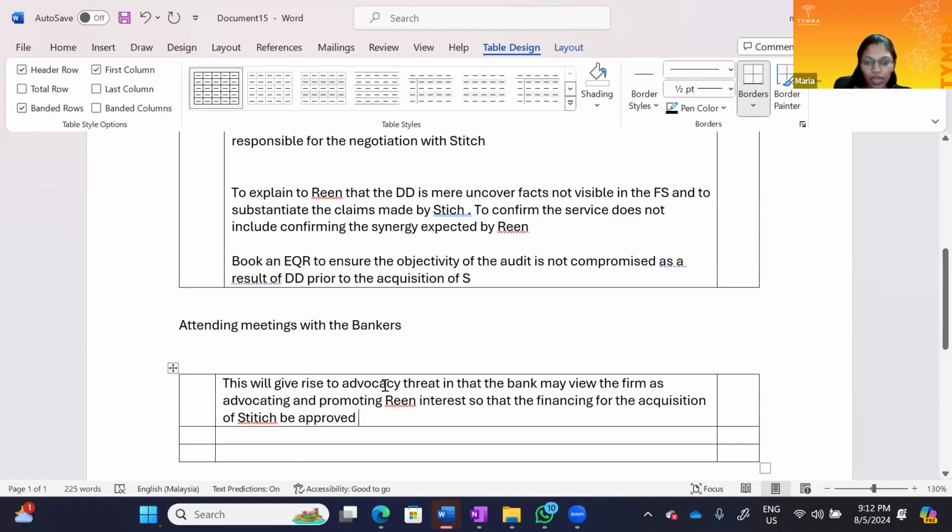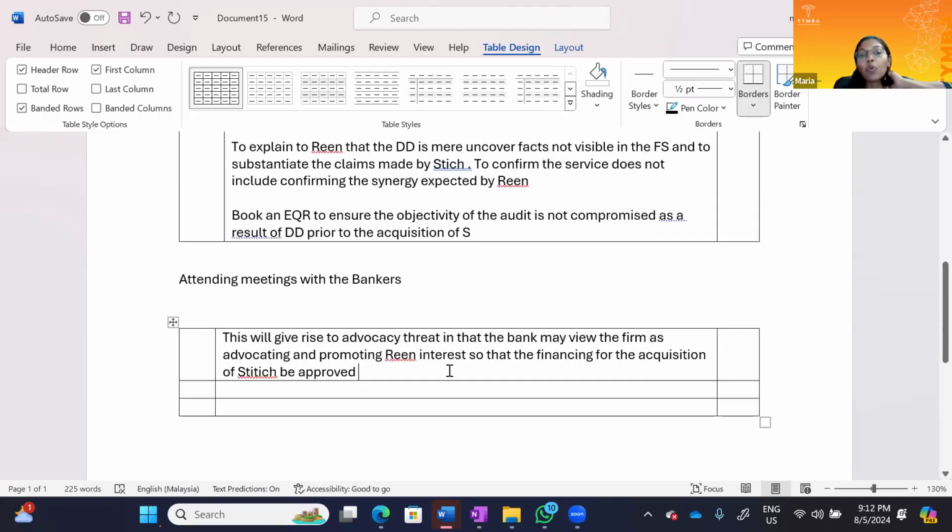So this will give rise to advocacy threat in that the bank may view the firm as advocating and promoting Rin's interest so that the financing for the acquisition of Stage can be approved.